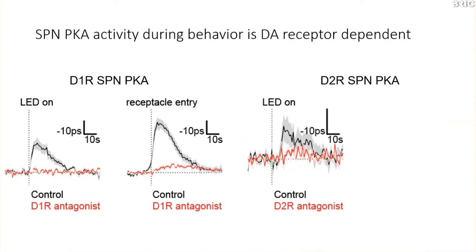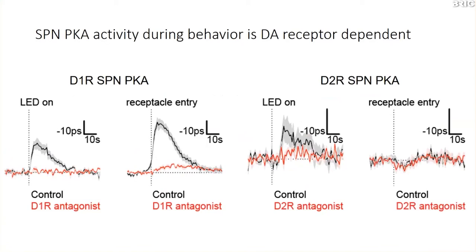And this suggests that basal binding of dopamine to D2 receptor is required for the dip in dopamine to cause a PKA activation in D2 receptor SPNs. Furthermore, the pretreatment of D2 receptor antagonist did not really change the small reduction in D2 receptor SPN PKA activity following the reward, suggesting that this response is likely to be dopamine receptor independent.